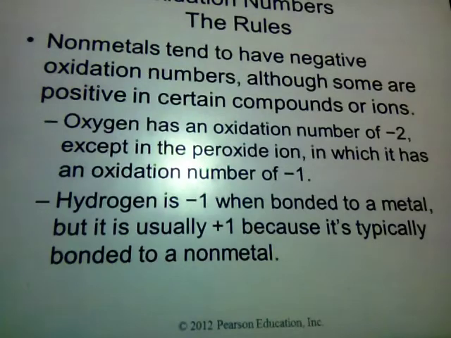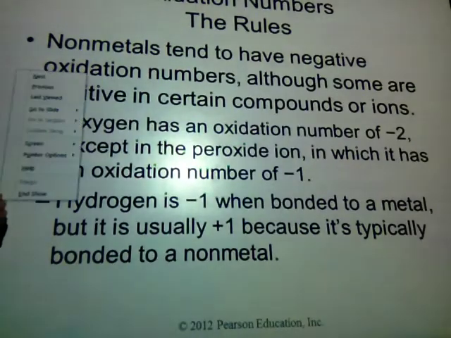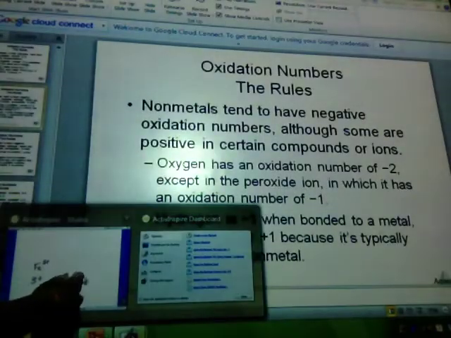Oxygen will typically always have an oxidation number of -2, unless it's in a peroxide, which would then mean that it has an oxidation number of -1.